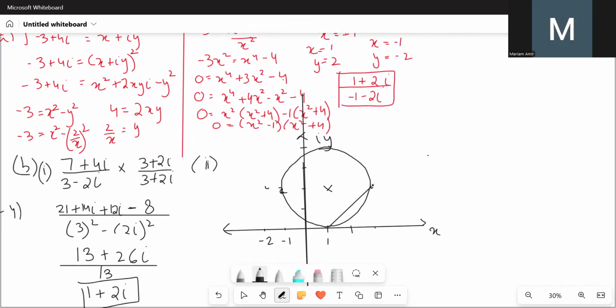Not this one, because there are more points that have bigger modulus like this one. But this point has even a bigger modulus. This point has even a bigger modulus. So what we do is the greatest modulus is going to be right here. This one would be the greatest modulus.